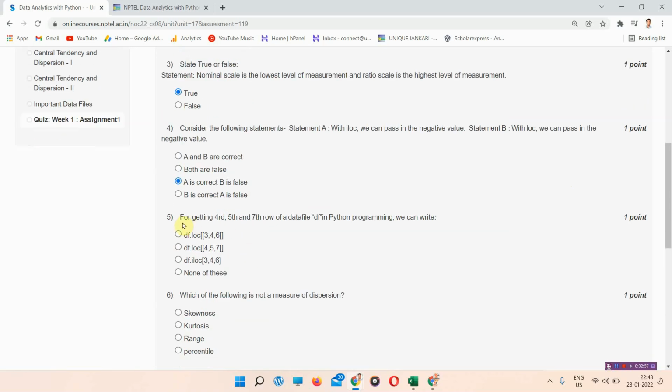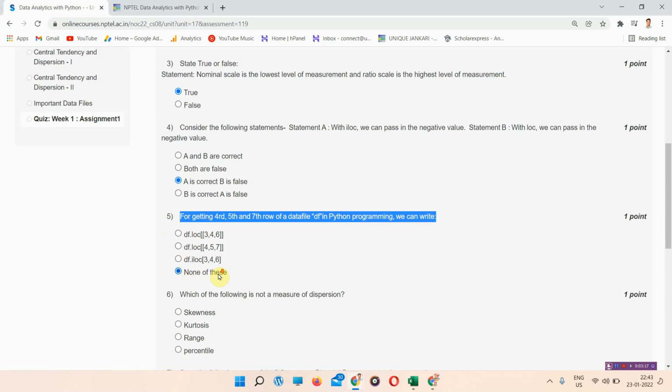So the next question is question number 5. For getting the fourth, fifth, and seventh row of a data file df in Python programming we can write. So the answer of question number 5 will be option number D, none of these. You can mark your assignment. The answer of question number 5 will be option number D, none of these.